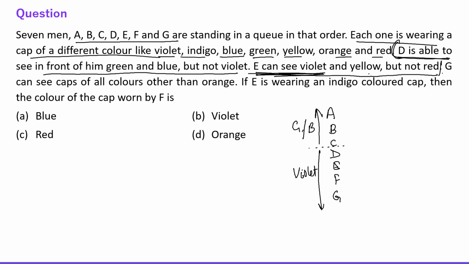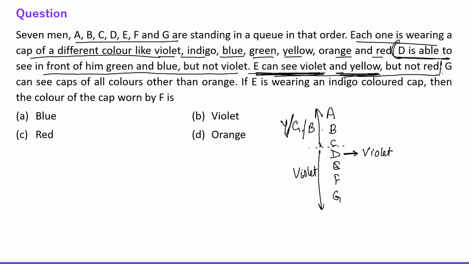It means D is wearing violet. One more color is given as yellow. So for ABC, we have one more color, which is yellow. So in ABC, they must be wearing one color each, like yellow, green and blue.